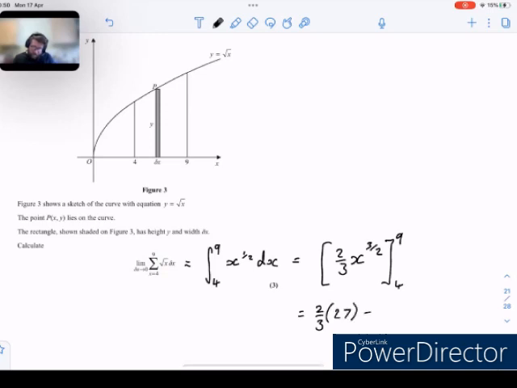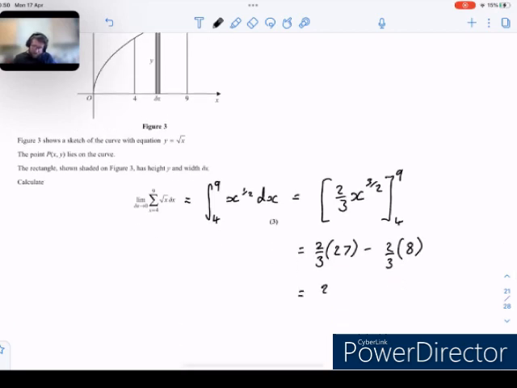And we're taking away 2/3 times 4 square rooted, then cubed, so that's 8, which is 2/3 times 27 minus 8. 2/3 times 19. Okay. Which is 38 over 3.